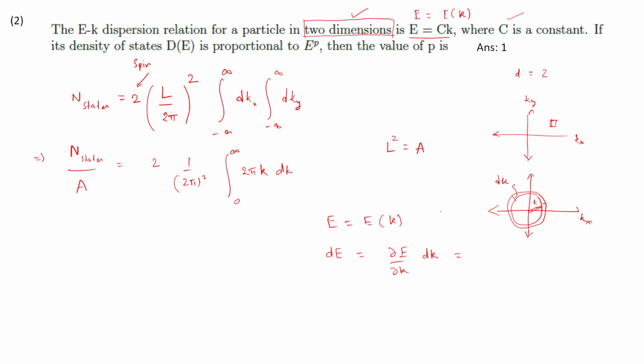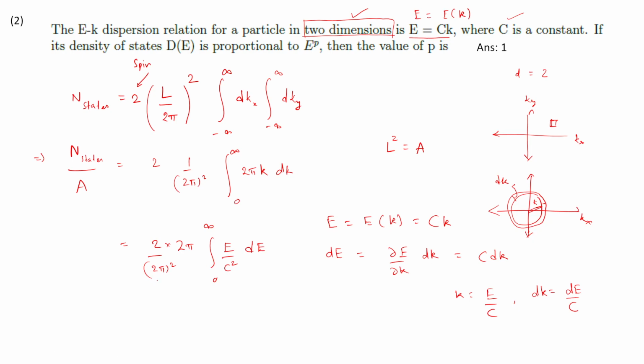So E of k is ck, and dE is c dk, or k is equal to E by c and dk is equal to dE by c. So you just put that: 2 by 2 pi whole square, or 2 pi, integral 0 to infinity, and this is E by c, times dE by c.